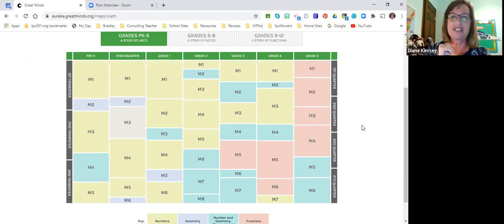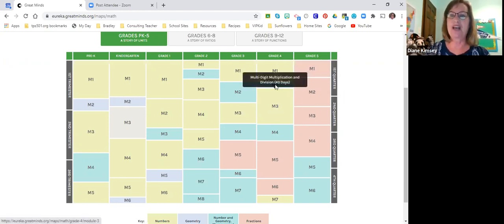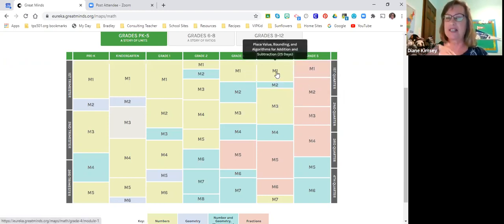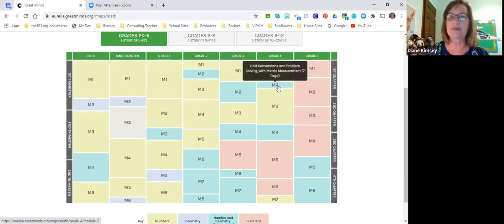All right, my friends, today we're going to go to grade 4, and we're going to go down to module number 3. Just a second, I didn't write down. Yes, module 3. So when I hover over these, it tells me what it is that we're going to be teaching. In grade 4, module 1, it's place value. Grade 4, module 2, we're getting into conversions.